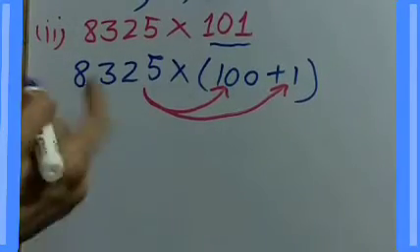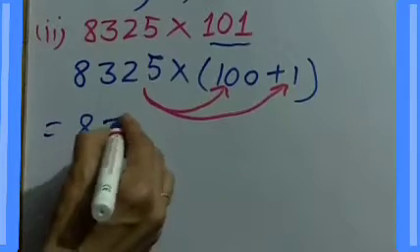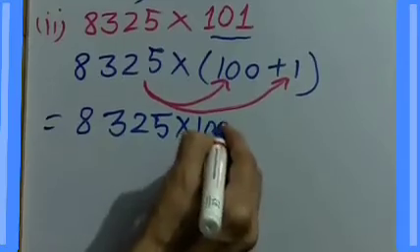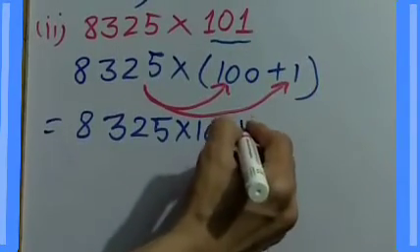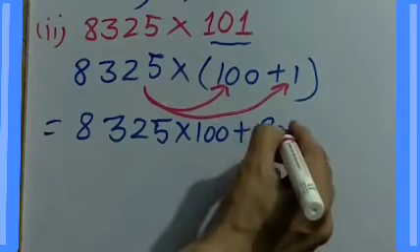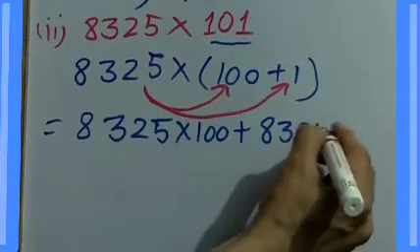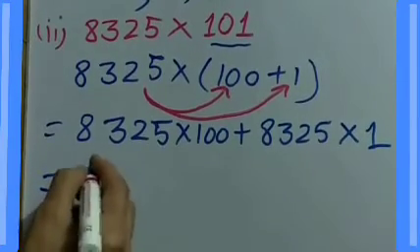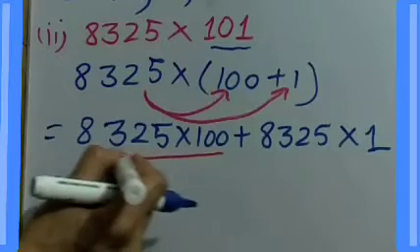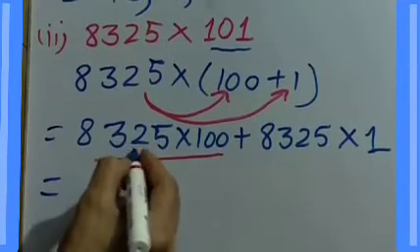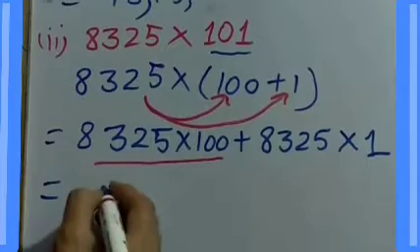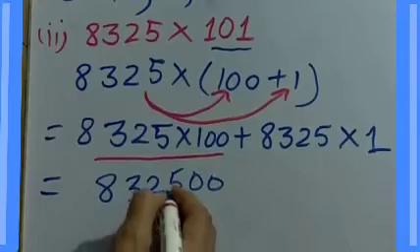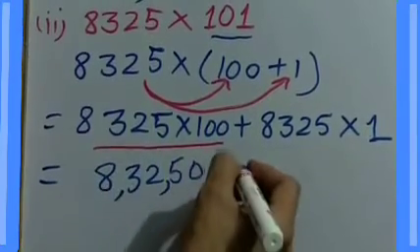So 8,325 multiplied with 100. Which operation is between? Addition. Then 8,325 multiplied with 1. First I'll apply it here. The product of 8,325 by 100, my result is 8,32,500.